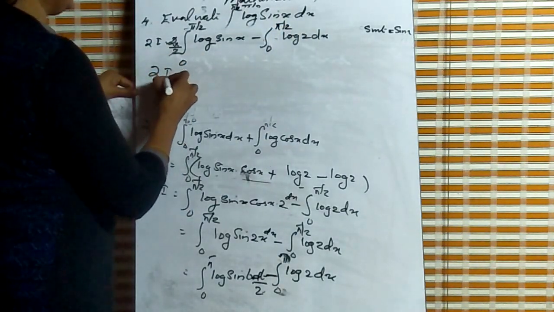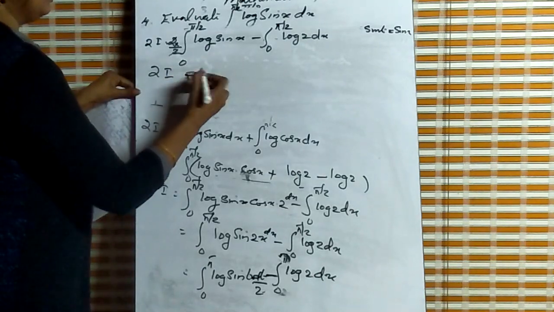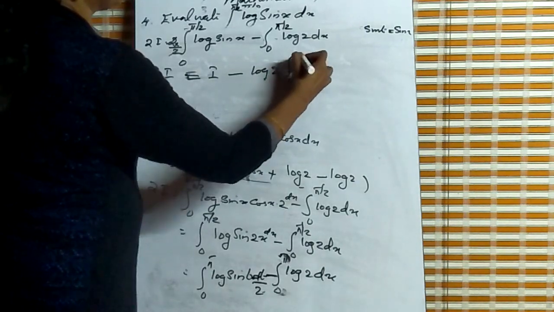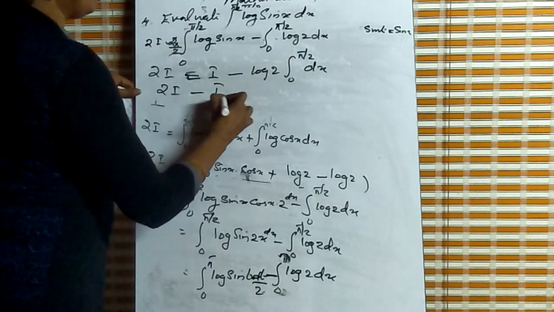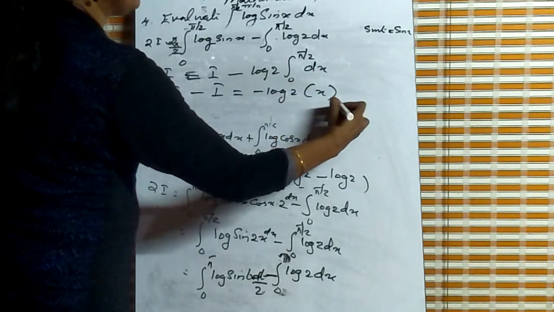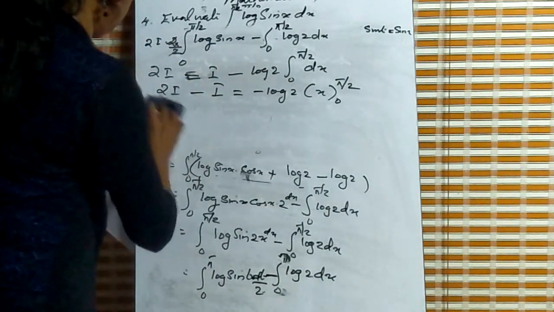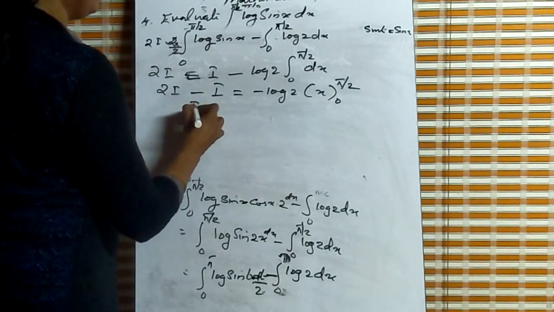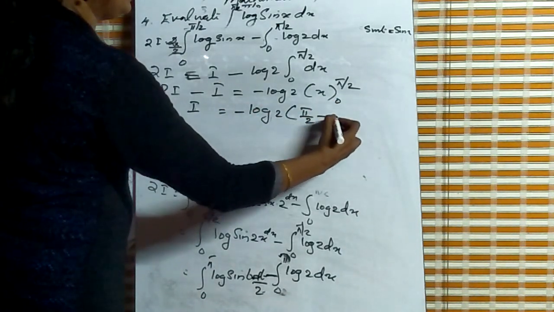So 2I is equal to the integral from 0 to pi by 2 of log sin x, which is I. So 2I is equal to I minus log 2 into the integral from 0 to pi by 2 of dx. So 2I minus I is equal to minus log 2 into x within the limits 0 to pi by 2. 2I minus I is equal to minus log 2 into the value of x, pi by 2 minus 0.